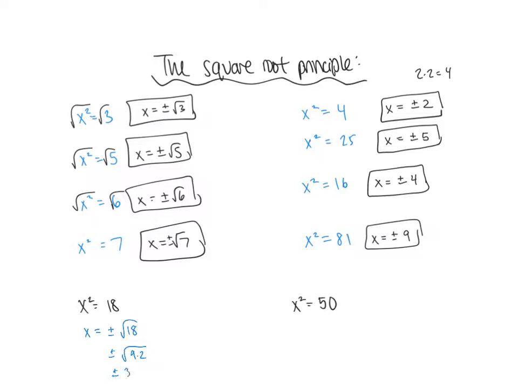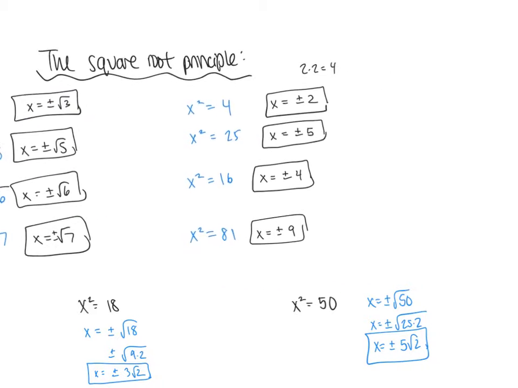So this will be plus or minus 3 root 2. Okay. Same with 50. When I take the square root, I'll get x equals plus or minus root 50. And then 50 is 25 times 2, and the square root of 25 is 5. So I have 5 root 2.